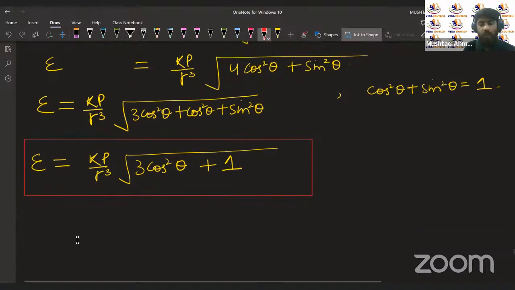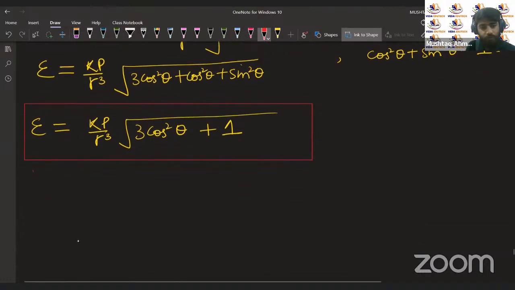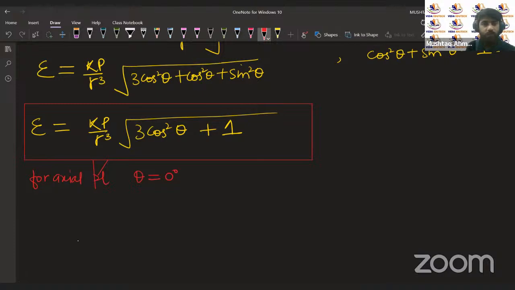Let's suppose for axial point, theta will be equal to 0 degree, right? It means that we can put theta equal to 0 degree in this equation. That's Kp upon r cube.